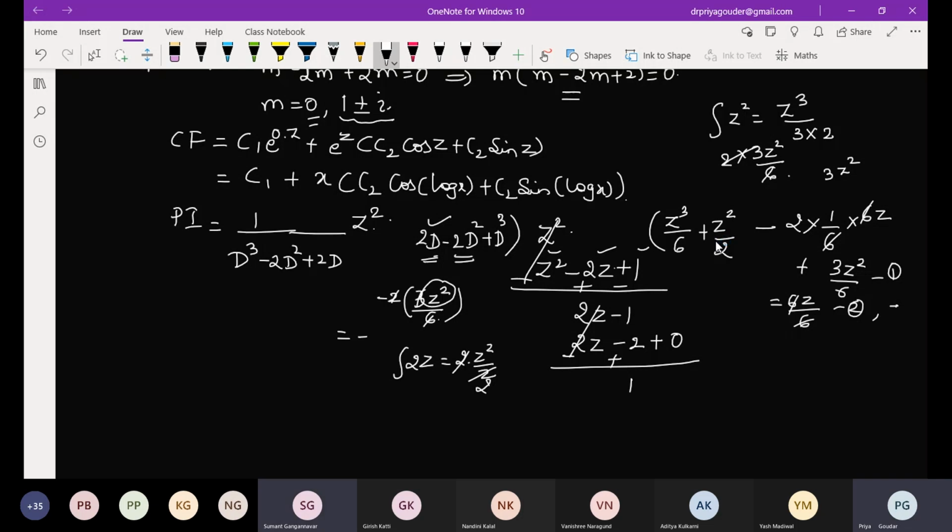Similarly, you take this z cube by 6 and find its third order derivative, you will get 1 because that 6 and 6 will be cancelled. You can confirm it, it is easy. Whichever term of the quotient you take, it should be operated on all the 3 terms of the divisor, and those terms should be written here.